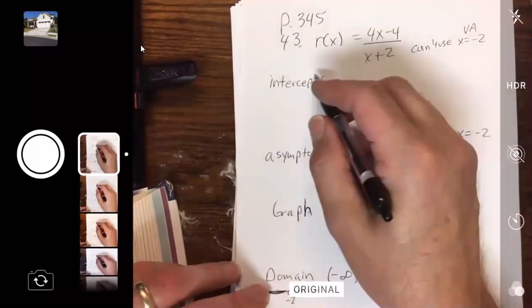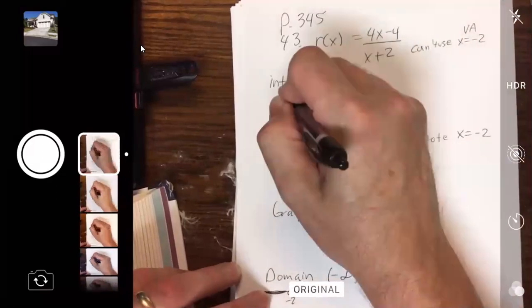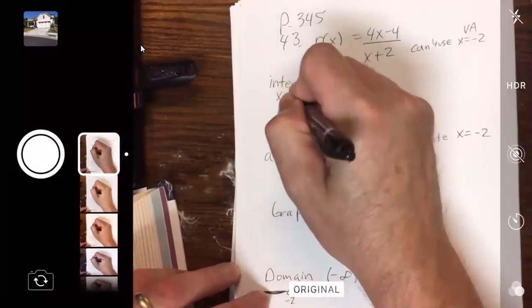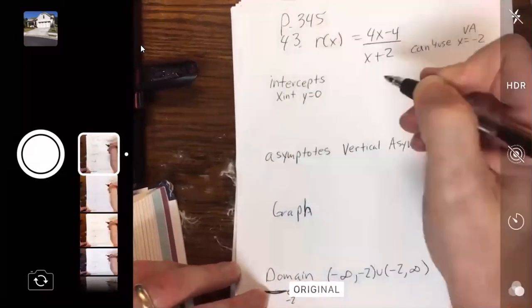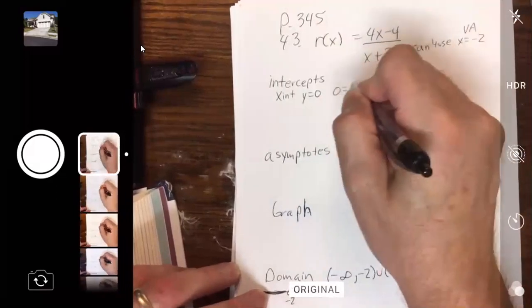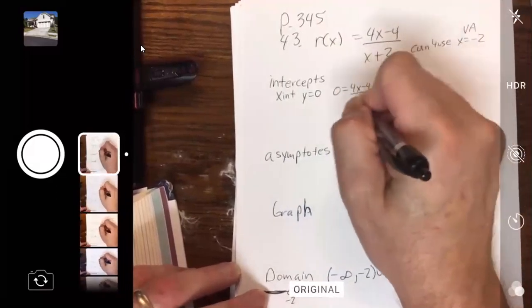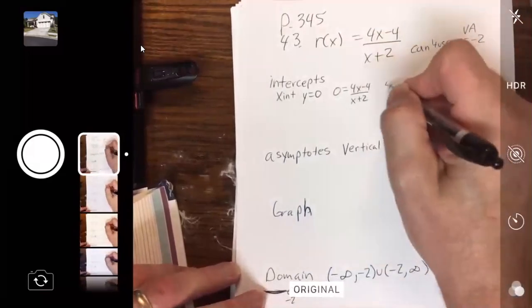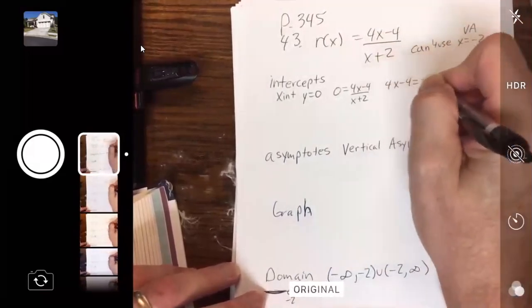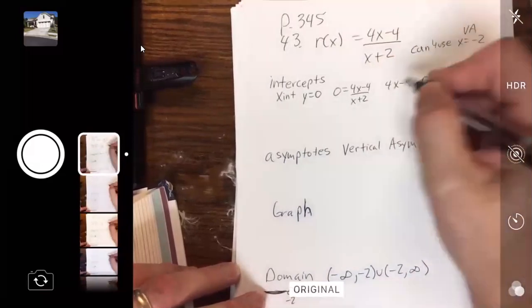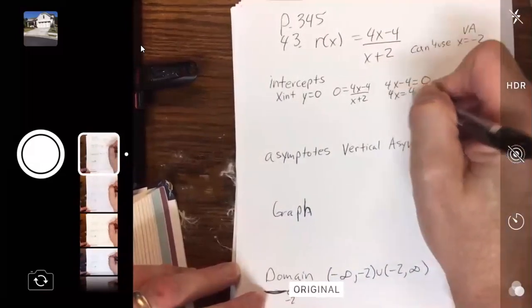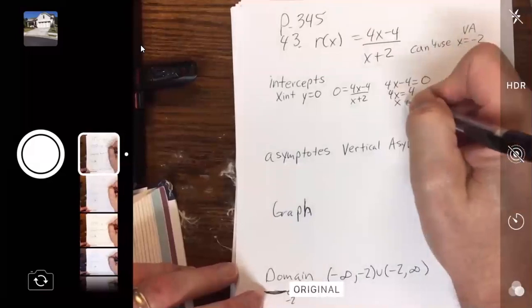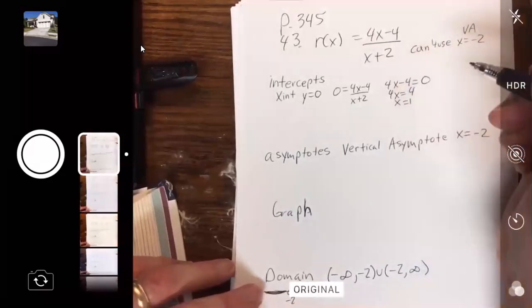Okay, if you want to do it back in order, at your x-intercept, y equals 0. So you're just going 0 equals 4x minus 4 over x plus 2. You only care about the top. 4x minus 4 equals 0. 4x equals 4. Divide both sides by 4, your x would be 1.